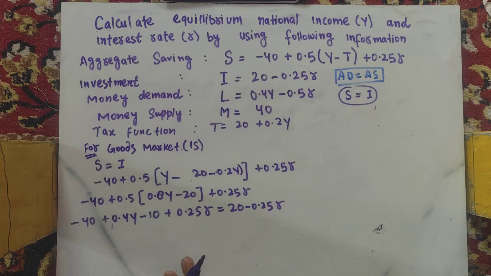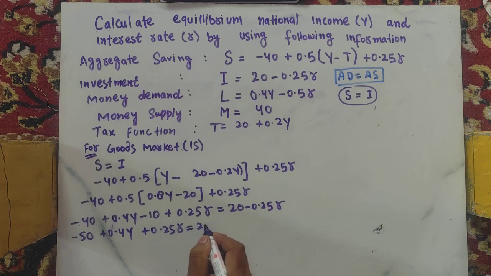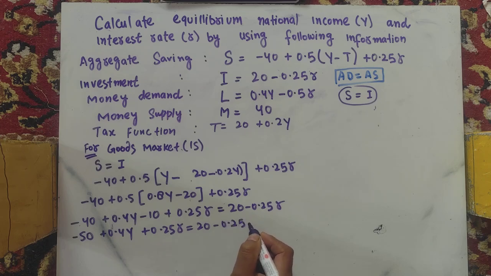Now solving further. We have negative 40, negative 10, which is negative 50, plus 0.4 y plus 0.25 r, which should be equal to 20 minus 0.25 r. So we have r on both sides, and we have 20 here.